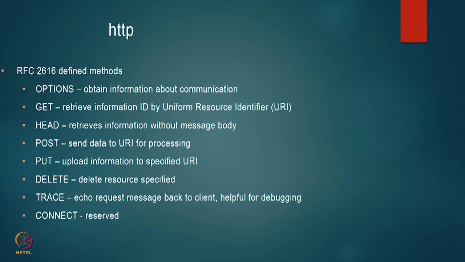For example, RFC 2616 defines methods for get, put, post, head, delete, trace, etc. If you remember, in one of the sessions we did a telnet to port 80, IP address and port 80, and then we sent the command GET with HTTP 1.1.